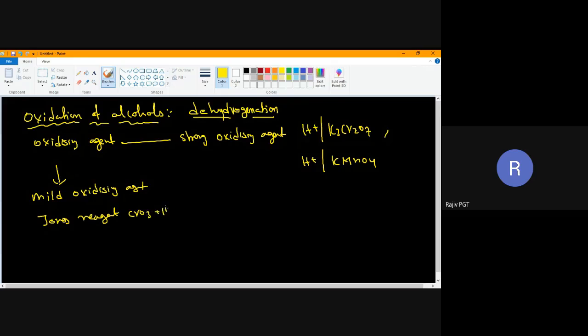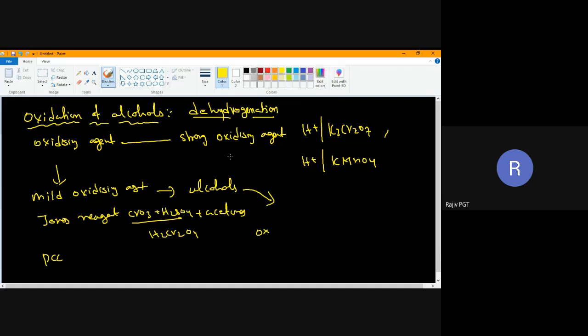CrO3 in presence of H2SO4, or we can also write plus acetone, or else chromic acid H2CrO4. That is Jones reagent. Collins reagent we have discussed. PCC, pyridinium chlorochromate. These are mild oxidizing agents that will oxidize alcohols.